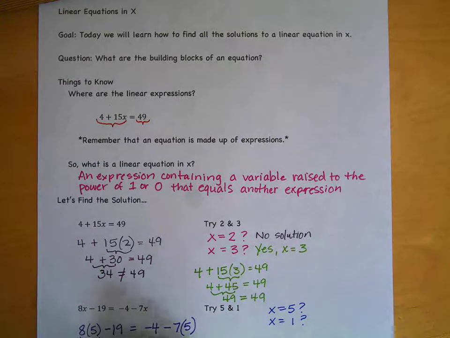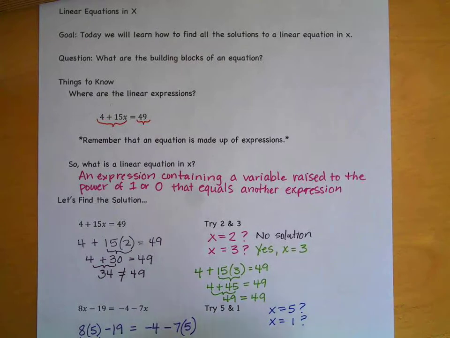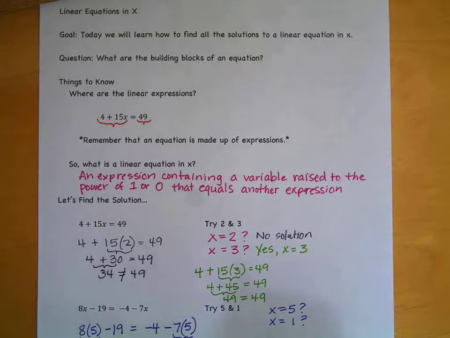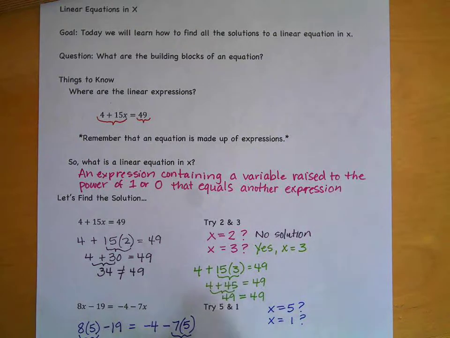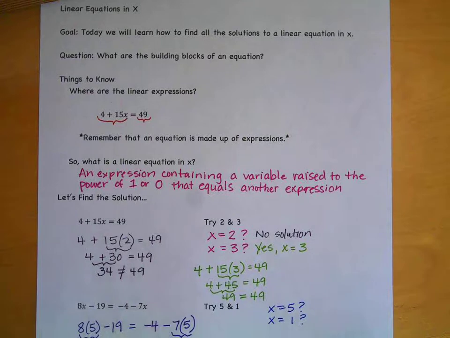Okay, 8 times 5 is actually 40, minus 19 equals, and then we have here, if we do the rule for subtraction, subtracting is the same as adding the opposite. So let's multiply these two here first, and we get 35, and then it says subtract it. So we're going to do 40 minus 19, so that would become a 3, that would be a 10.